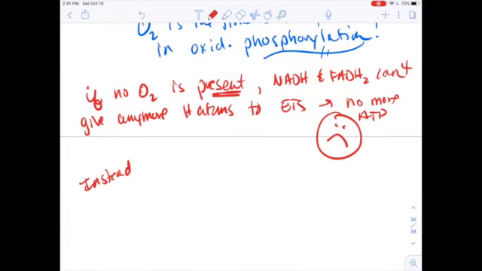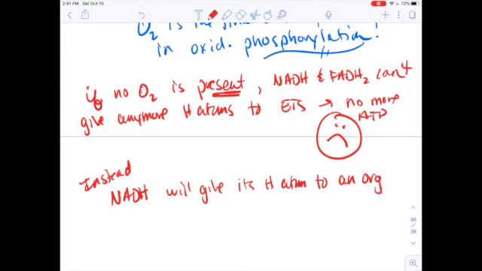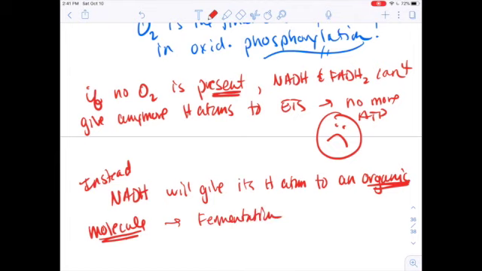NADH and FADH2 will give their hydrogen atoms to an organic molecule. This is called fermentation. It's when an organic molecule is the final electron acceptor. Usually, it's pyruvate.